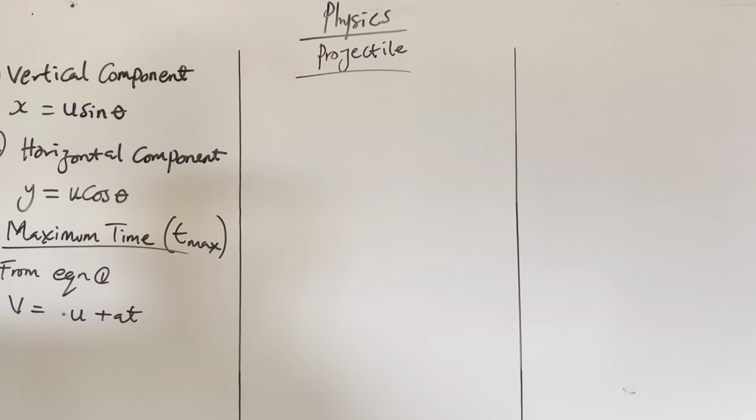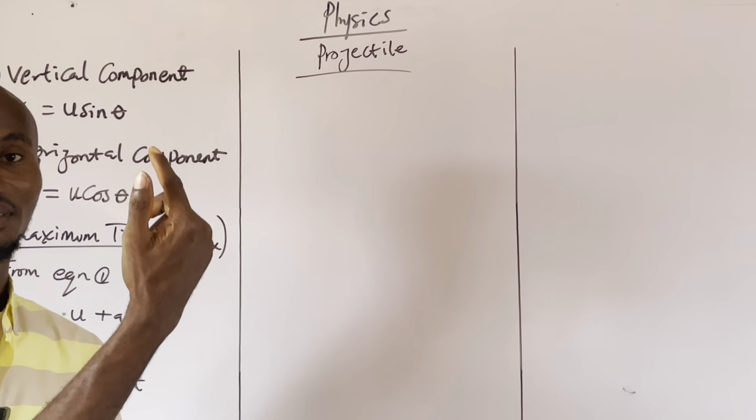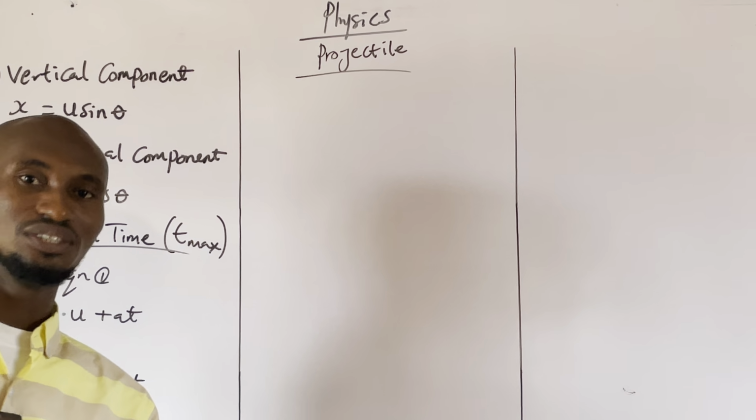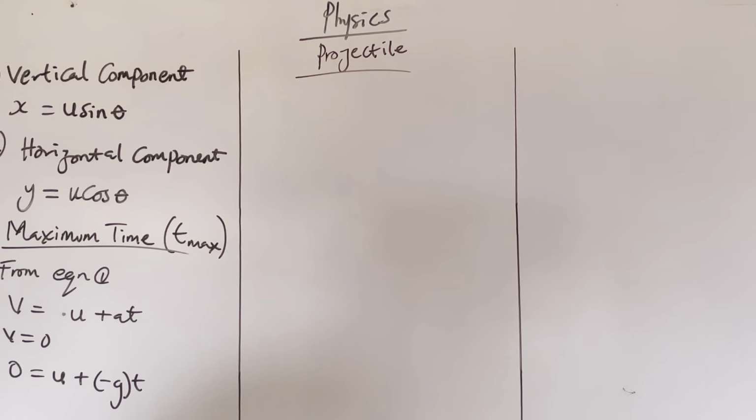Do you understand? So our V here is equal to 0. So now, 0 is equal to U plus, because gravity is involved, this A now we call it G. But in this case, it is minus g because we are going against the gravity. When you are going against gravity, your g is minus g. But when you are going due to gravity, your g is positive g. Did you understand that?